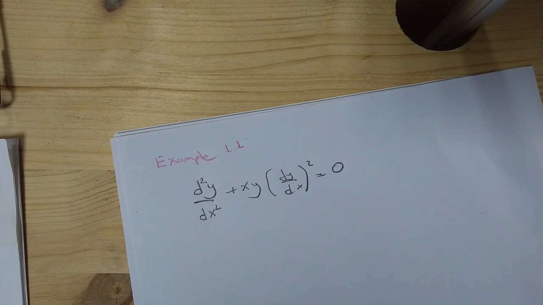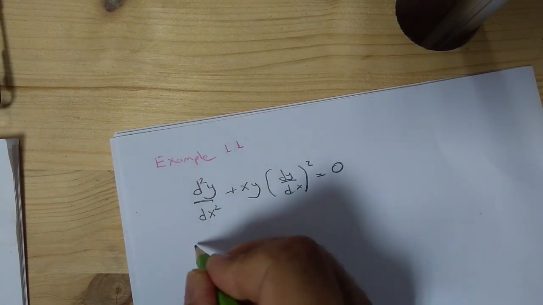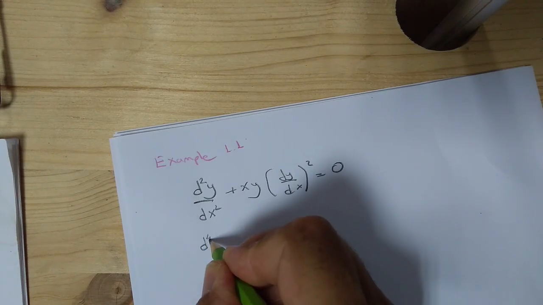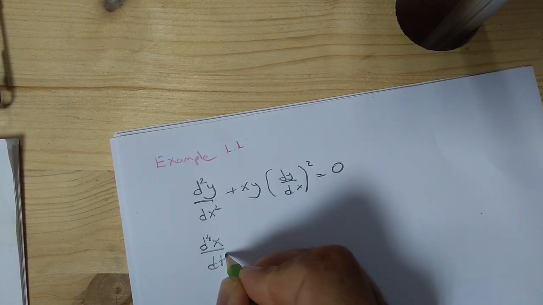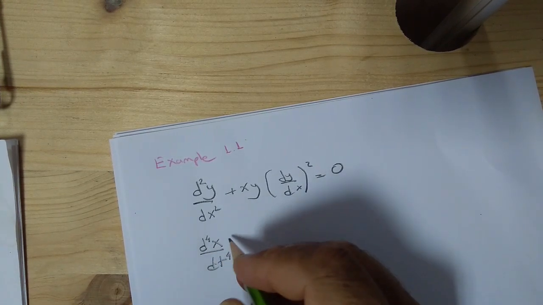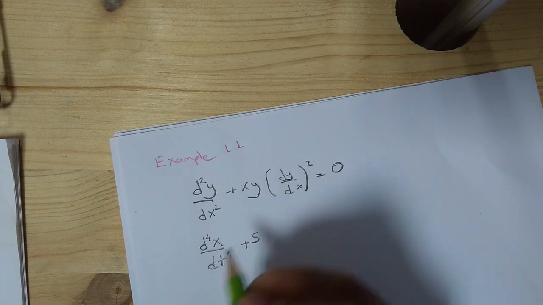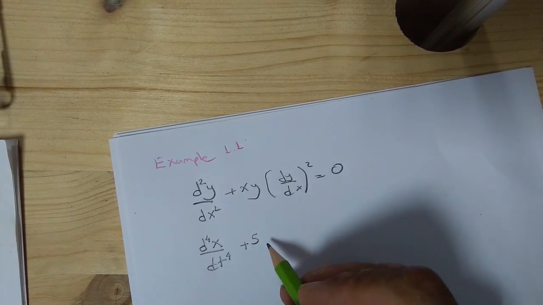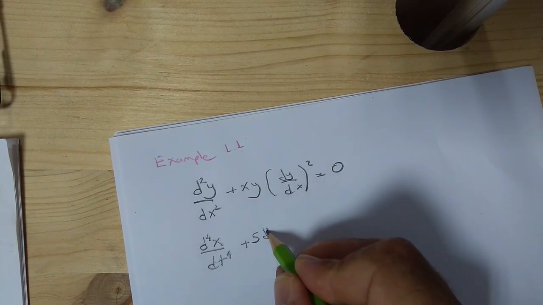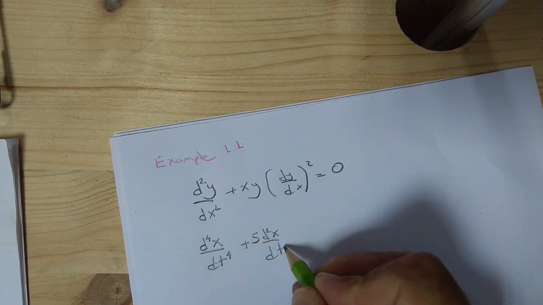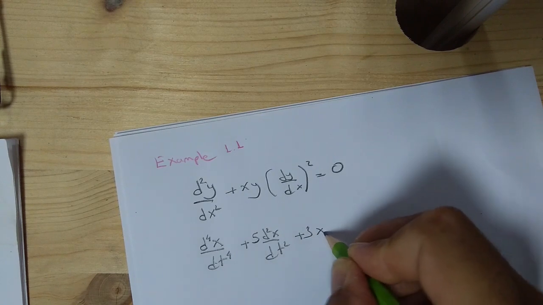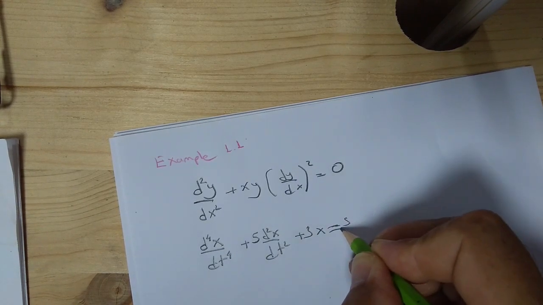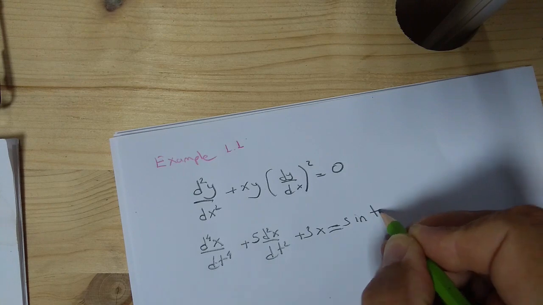Another differential equation, which I write from your textbook: the fourth derivative of x with respect to t, plus 5 times d square x over dt square, plus 3x equals sine t.